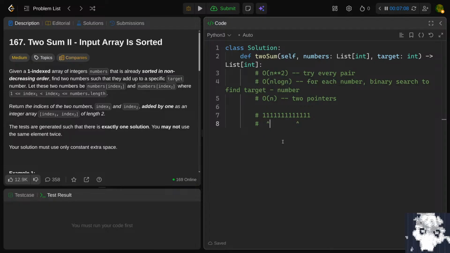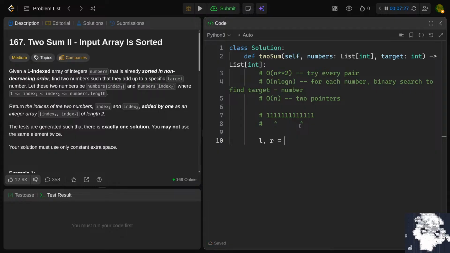Now if you increment the left side to go to the next one, you know it's still a number that's too big. So the right side only ever has to decrement as the left side is going up. So that's how you do it.